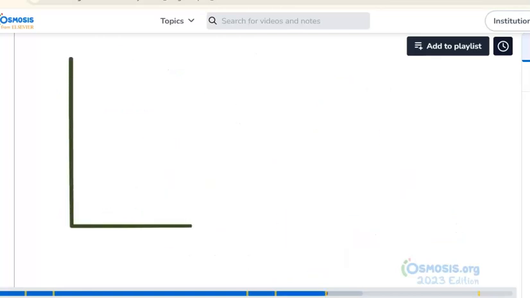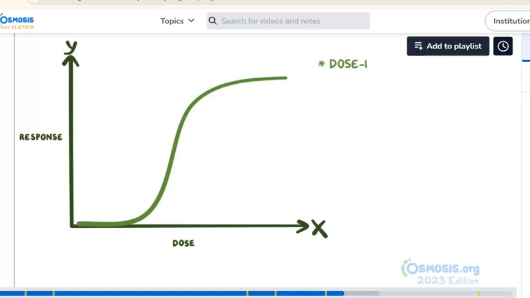Alright, so now let's plot all this into a nice graph to show the relationship between the amount of a medication given, also known as the dose, on the x-axis, usually on a logarithmic scale, with the response produced on the y-axis. What we get is an S-shaped curve, called the dose-response curve. At first, the curve is more or less flat, and that's because the dose is too low, so not enough receptors bind to the medication to cause a significant response.